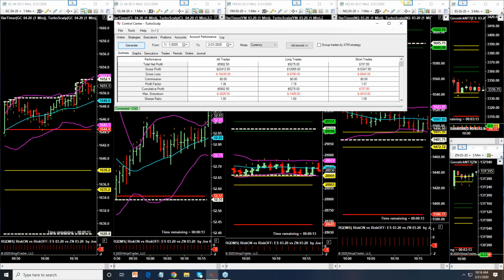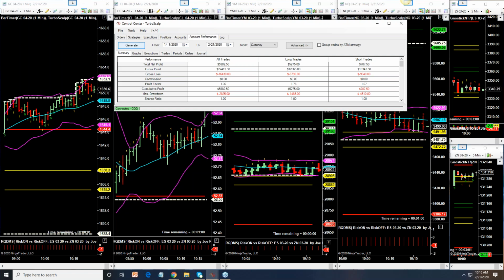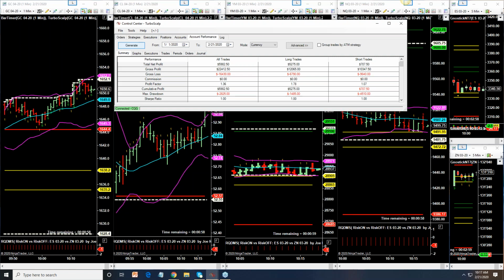So take 5982 and add 844, and that puts us at 6826 year to date. And if we average 20, we'll call it 20 and 10, 30 trading days, roughly. We're at an average of 227 a day.